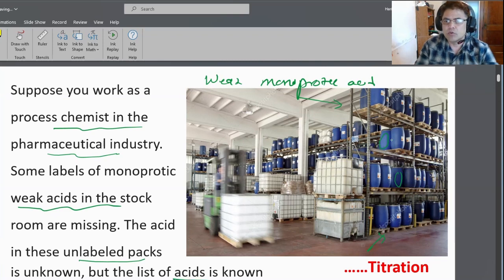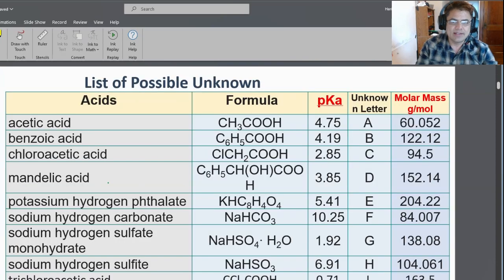We know the list of the acids present here. A few of them have no label. This one has a label, but this one has no label. Many of them are missing labels, and they are all weak monoprotic acids, that we know for sure. Now let's see the list here.